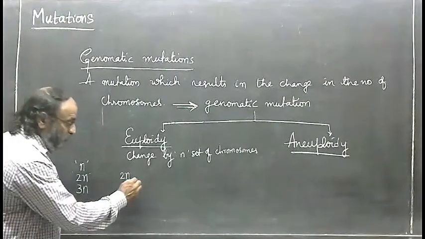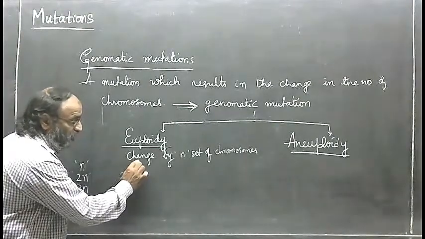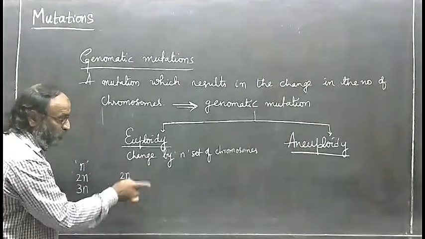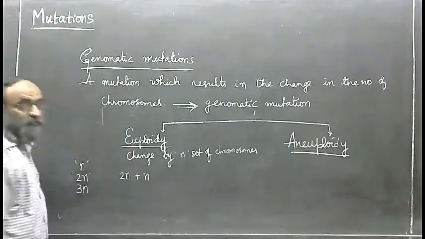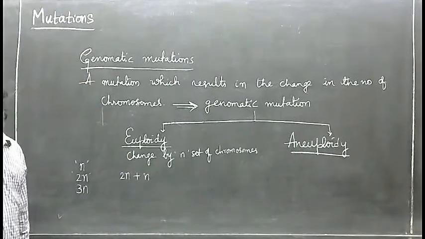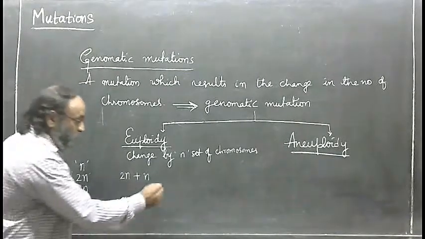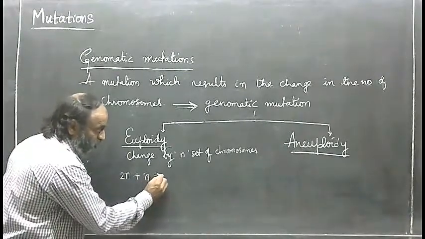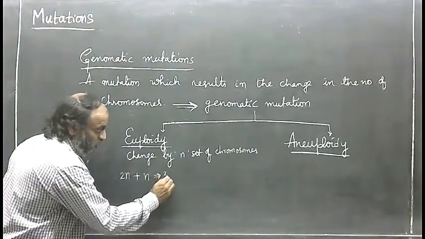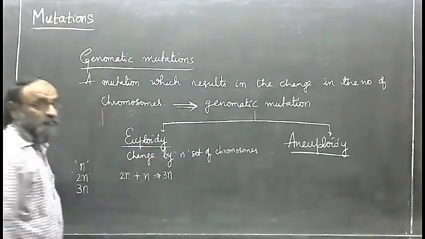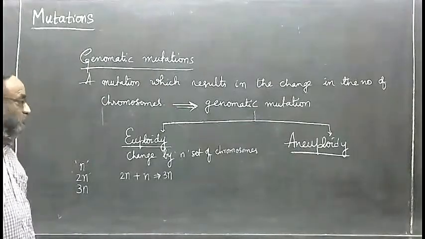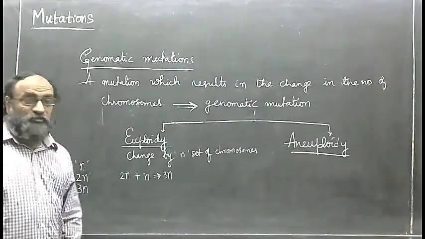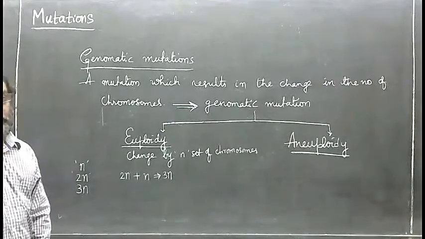There is a change in the number of chromosomes by n set, that is plus n: 2n plus n is equal to 3n condition. That is a triploid.